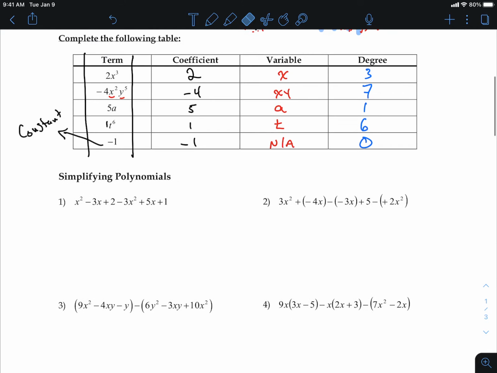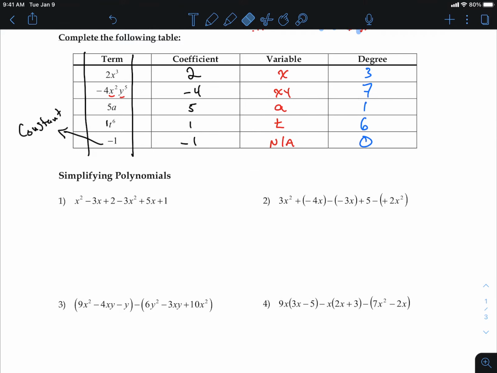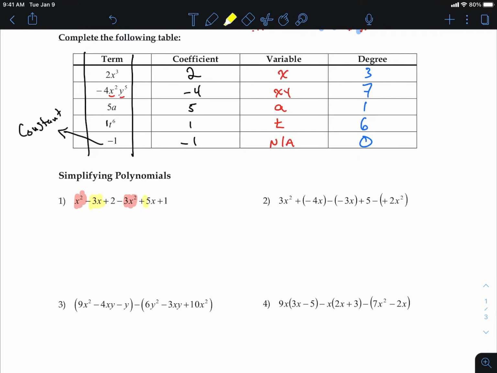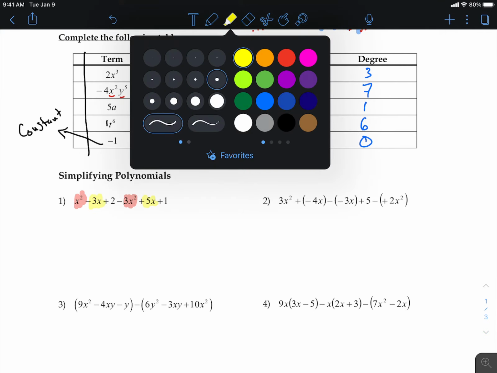Okay. Now, this stuff is not anything new. It looks a little bit new because we started throwing weird things in here like the x squareds, which you haven't seen yet. But we've already done this, right? This is like we have apples, we have bananas, and we have oranges.